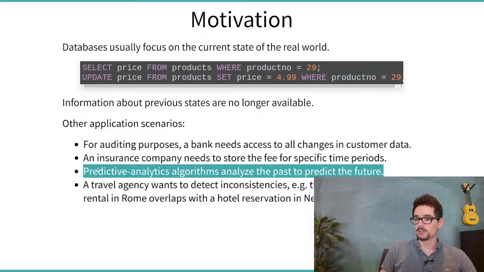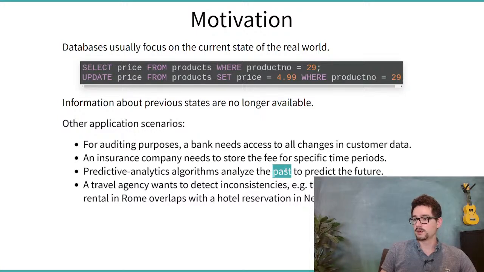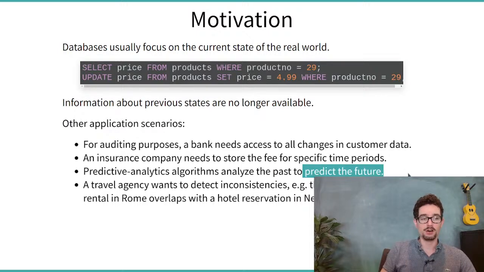Predictive analytics. They analyze the past. These are algorithms that analyze what happened in the past. For example, users clicked on these products in the web shop and bought those products. And then you predict the future. You want to predict how many of those products will be sold in the next week. This is good for warehousing.